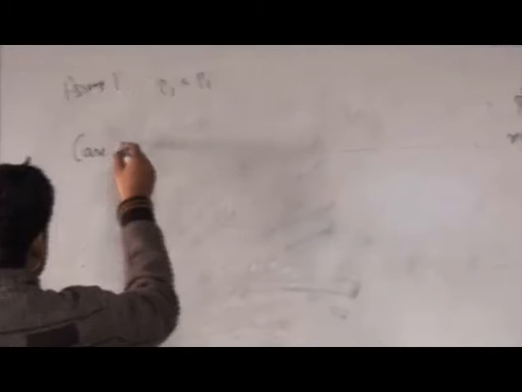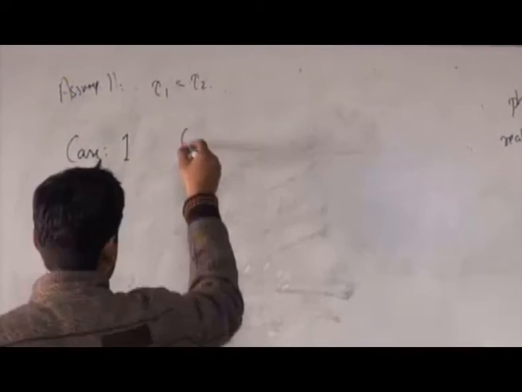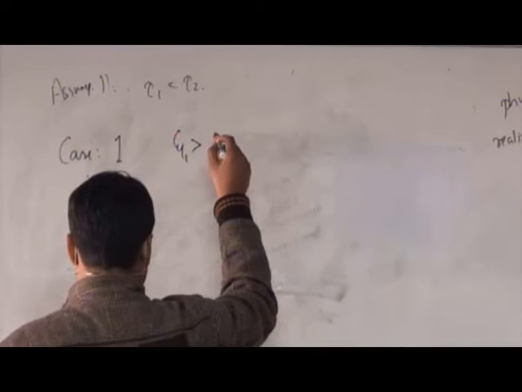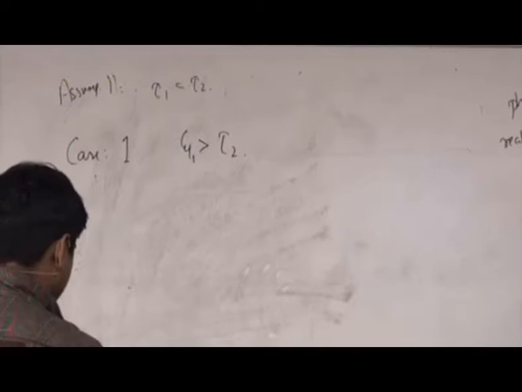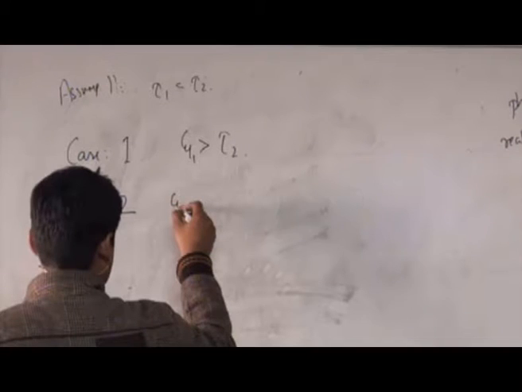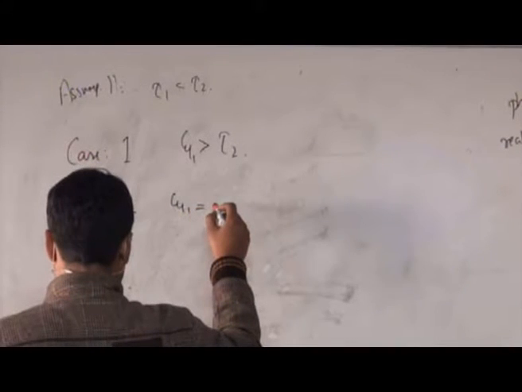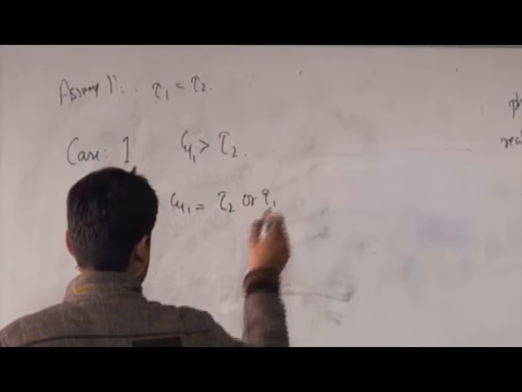So case one, that xi1 is greater than tau2. Case 2, xi1 is equal to either tau2 or tau1.